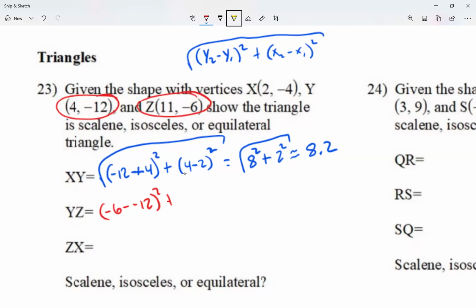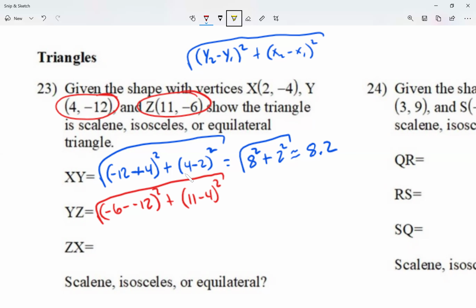For the second parentheses, I have to subtract my X's: 11 minus 4. And then I said, which X do you write first? It really doesn't matter because the only difference is going to be the sign.